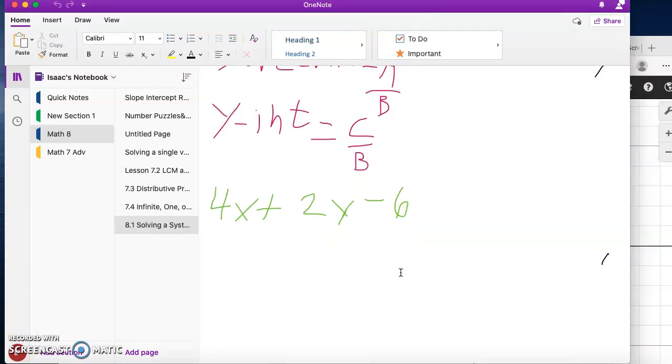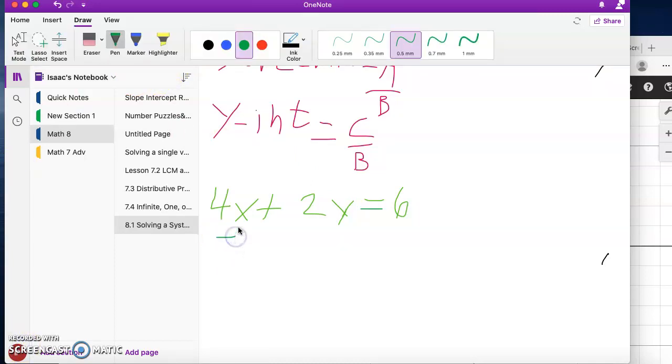Well, if I need to, I can convert this into slope-intercept form pretty easily. I'll start by subtracting 4x from both sides. Sorry, my computer is being really laggy when I use my iPad right now.